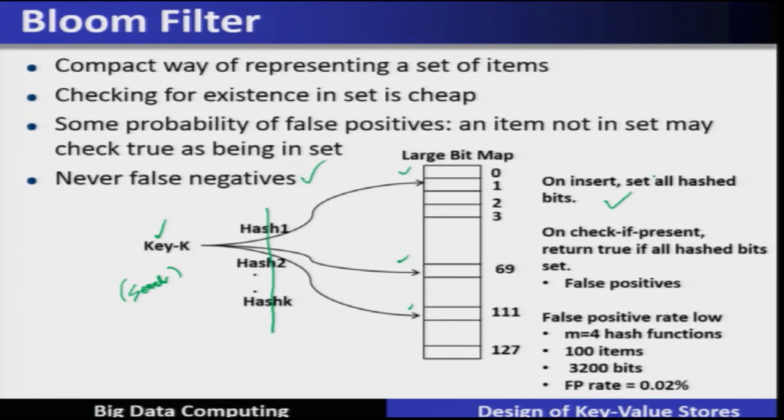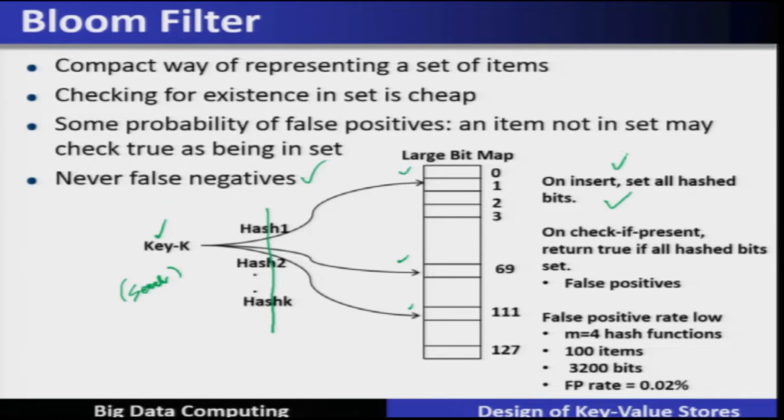So, when it is written, these bits are set, and when it is searched, using the hash functions it will check whether all the bits are 1. If all the bits are 1, then it will say the item is present, although if it is not, then it will be a false positive. If it is 0 in one of these bits, then obviously the item is not present, that means it was not inserted.